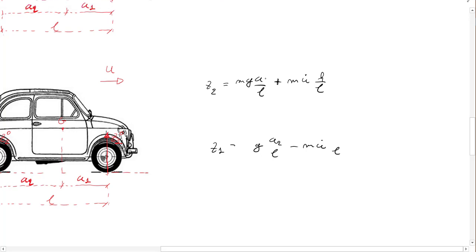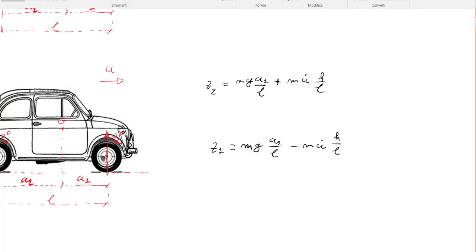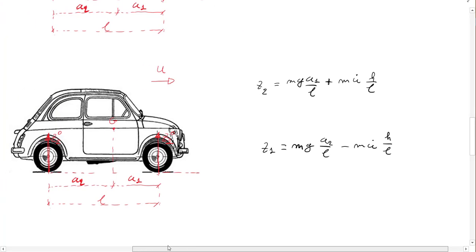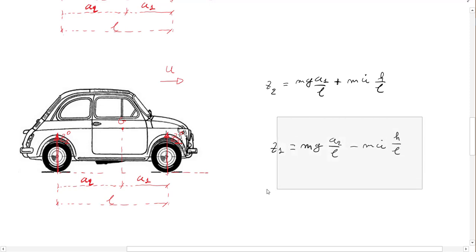So we have A1, H, MG, HO. Let's move the equation now.